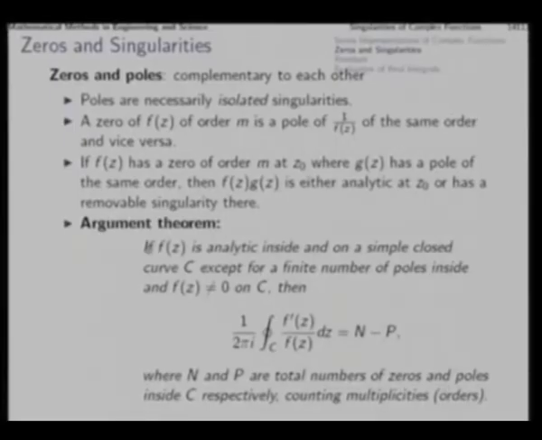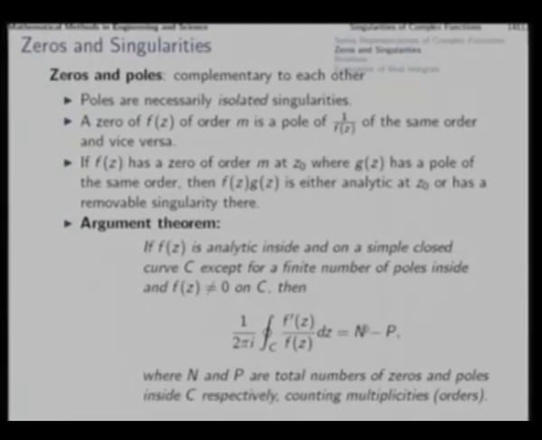So, examine what the premises are here. f(z) is not equal to 0 on C, that means on the contour there is no 0 of the function, and f(z) is analytic inside and on the simple closed curve C. So, that means that f(z) is analytic on the simple closed curve also, that is, f(z) has no 0, no singularity on C, and inside also f(z) is analytic everywhere except for a finite number of poles and a finite number of zeros.